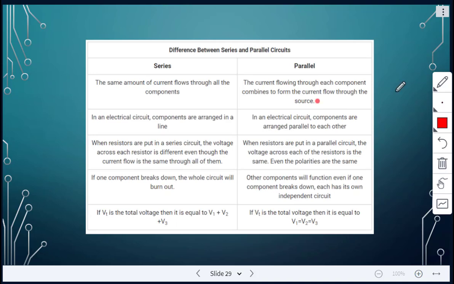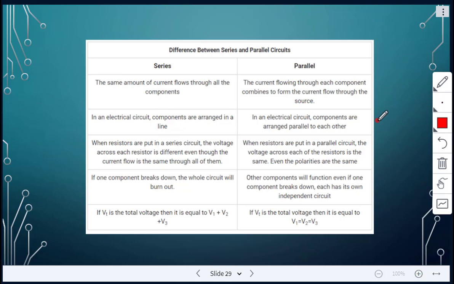All right, so here is a chart summarizing the differences between series and parallel circuits. In a series circuit, the same amount of current flows through all the components. In a parallel circuit, the current flowing through each component combines to form the current flow through the source. In a series circuit, the components are arranged in a line.